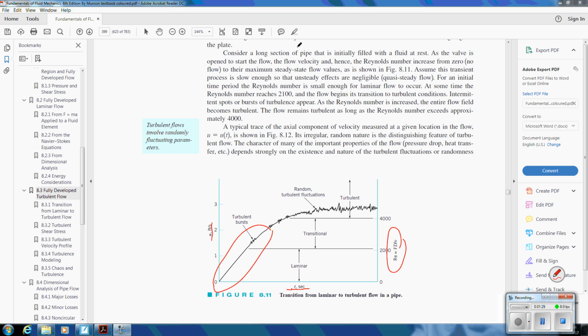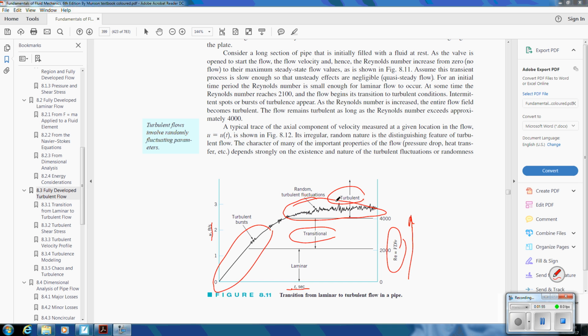So the flow started as laminar, and with the increasing Reynolds number, it turned towards the transitional period and turbulent. When we are in the turbulent zone, if we look at the axial velocity, it does not change much.